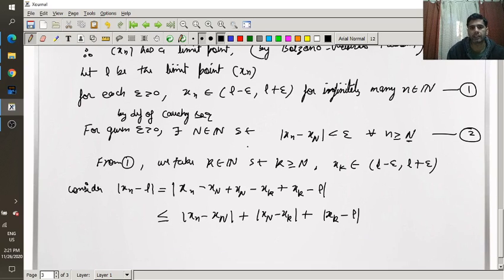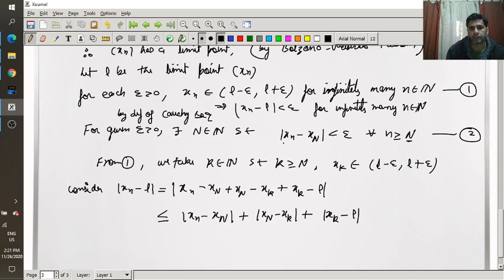Now clearly, what is the meaning of this statement? This statement only means that |xn minus L| is less than epsilon for infinitely many terms. Right.